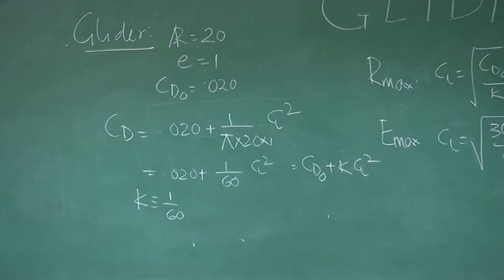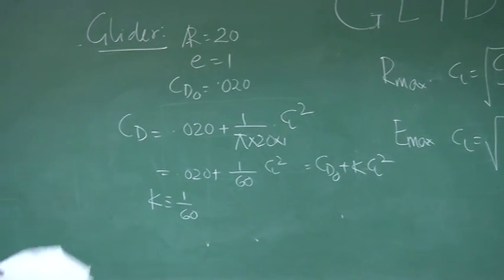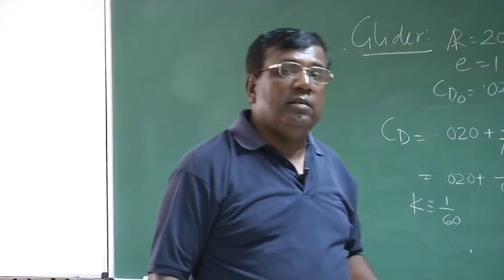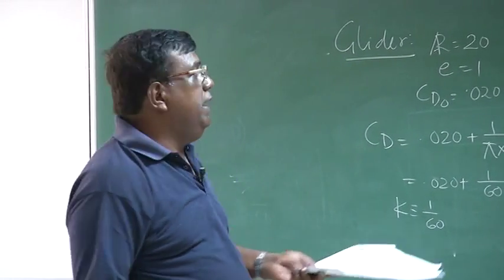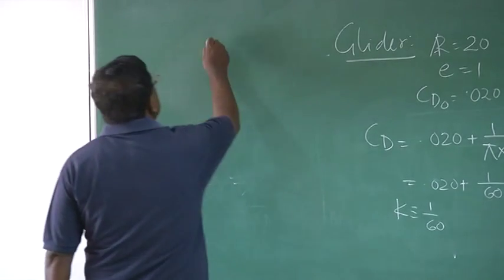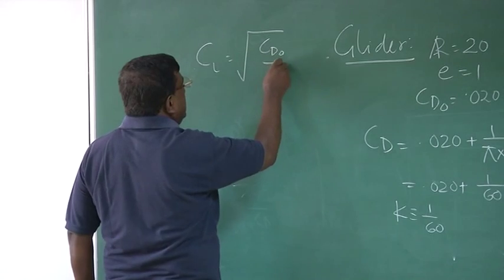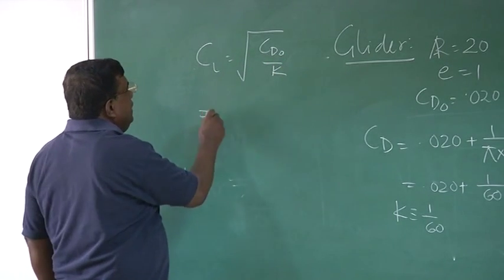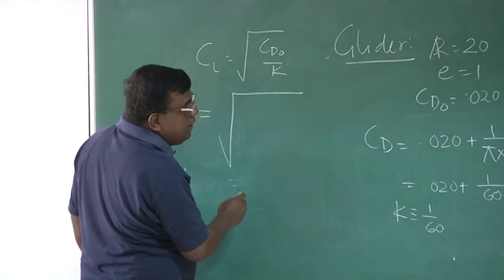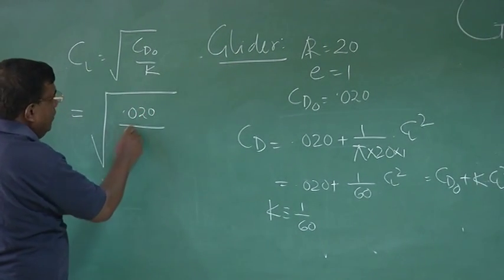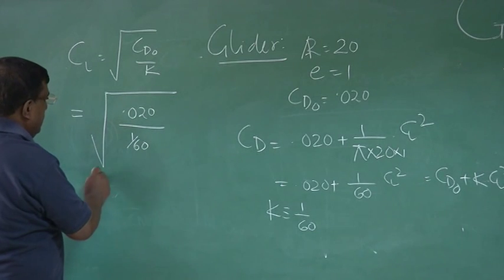Now what we have suggested to the pilot from our analysis: if you want to go for range maximum, sir, please fly such that CL equal to square root of CD naught by K. That means for this glider, CD naught is 0.020, and K is 1 by 60. So what is this value?